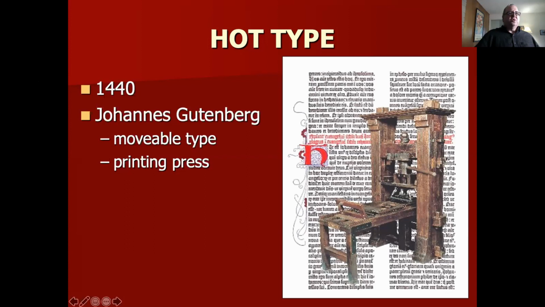It changed the world, and so it really can't be underestimated. So in 1440, Gutenberg came along and invented a press with movable type. That meant that each letter was placed individually, and when you were done printing a full page, you could come back and create a whole different page.